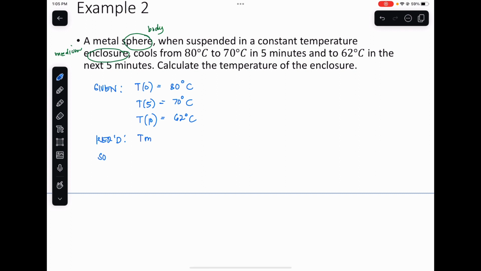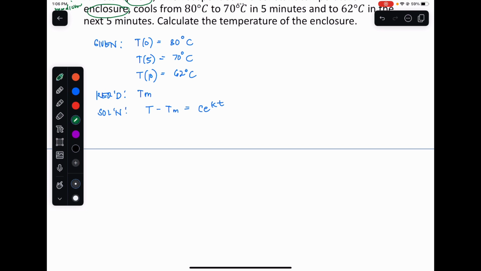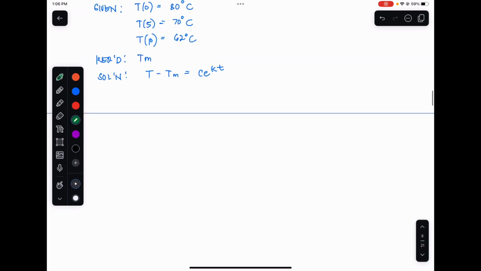For our solution, we start with our formula, T minus T sub m is equal to C e raised to kt. When time is equal to 0, the temperature is 80 degrees Celsius.